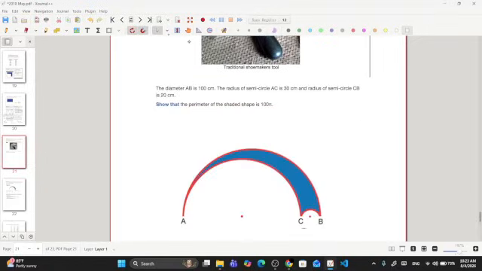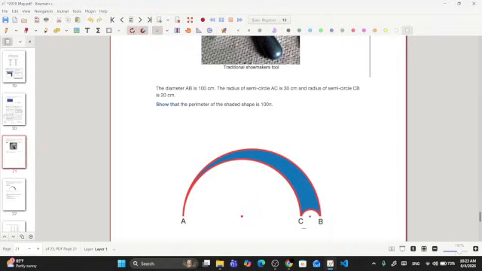Okay, so it says that the diameter AB is 100 centimeters. The radius of the semicircle AC is 30 centimeters, and the radius of the semicircle CB is 20 centimeters. The diagram is not much to scale, honestly, somewhat it is. So that the perimeter of the shaded shape is 100 pi.